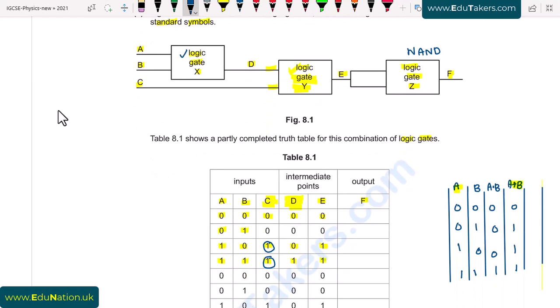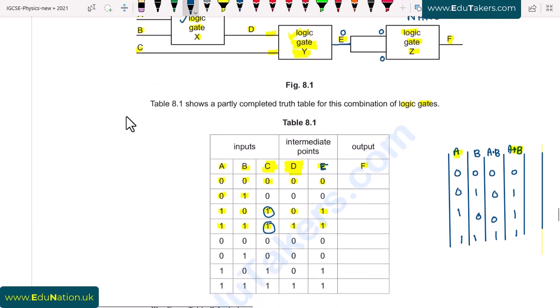And here is a single input E which is divided into 2. It means that we can see from E, it's a single input. If I consider that this is 0, then this input will be 0, 0. And if I consider E to be 1, then the input will be 1, 1.